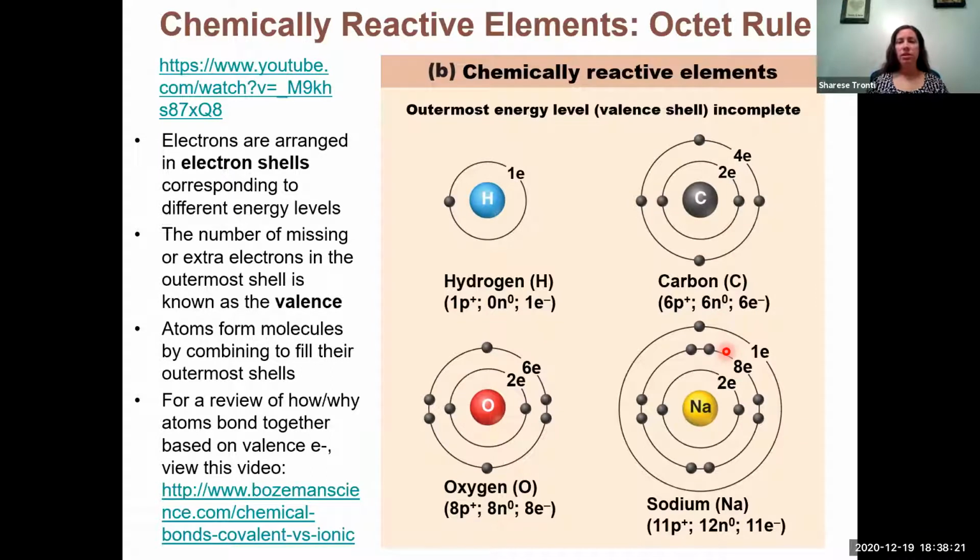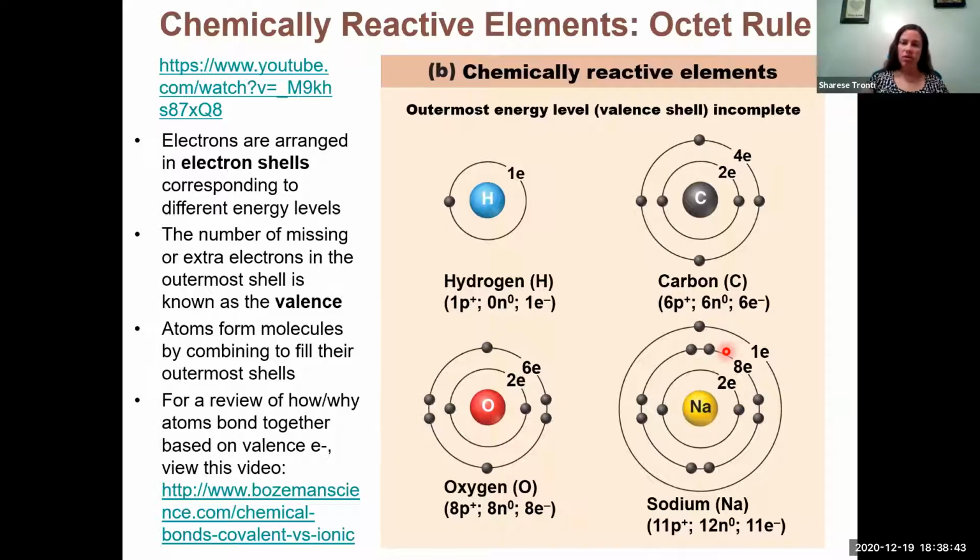And those electrons are going to fill up these electron shells, starting with the innermost shell and moving out. And it's the life goal, if you will, of an atom to fill its valence electron shell. It's most stable when its valence shell is full.